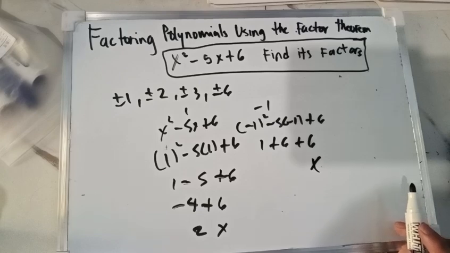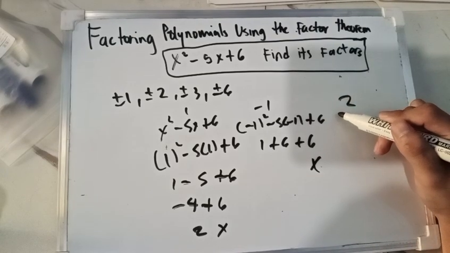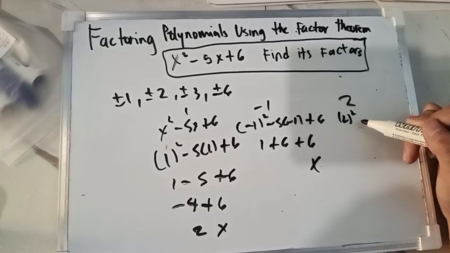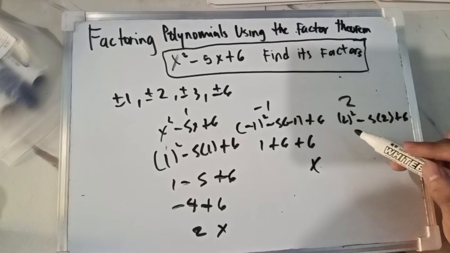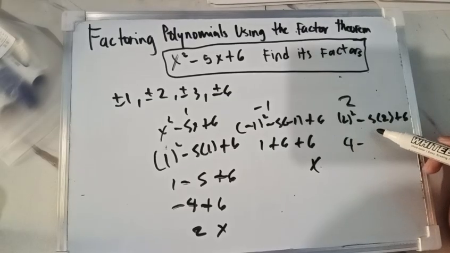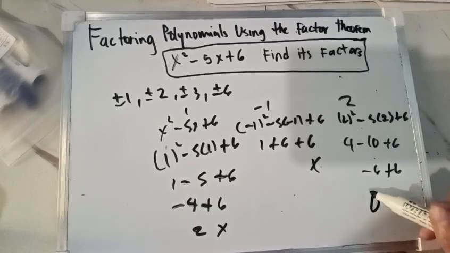So let's try 2. 2 squared minus 5 times 2 plus 6. 2 squared is 4, minus 5 times 2, that is 10, and plus 6. 4 minus 10 is negative 6, plus 6 is 0.